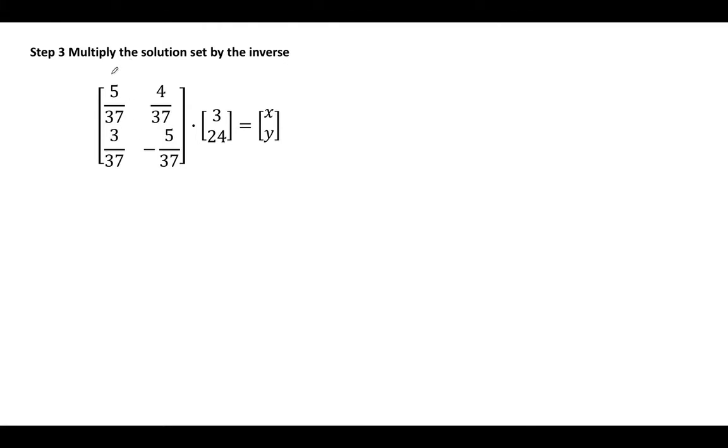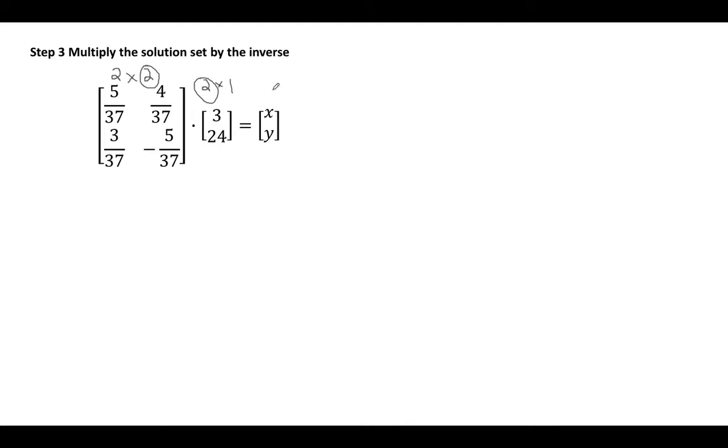Remember, if we want to multiply two matrices, the number of columns on the first has to match the number of rows on the second. So the first matrix is a 2 by 2. The second matrix is a 2 by 1, 2 rows by 1 column. My numbers in the middle match, so that works.